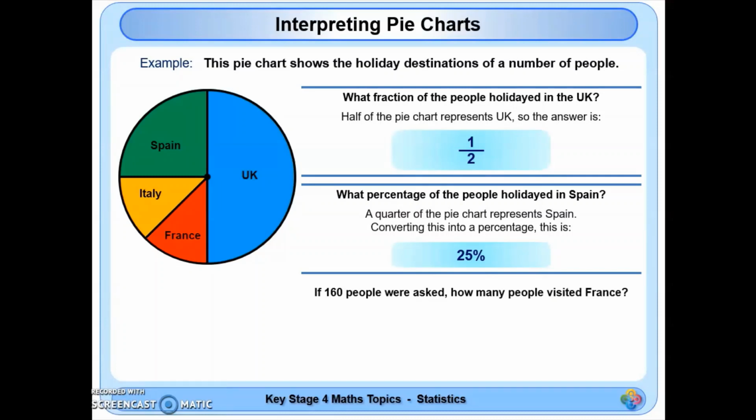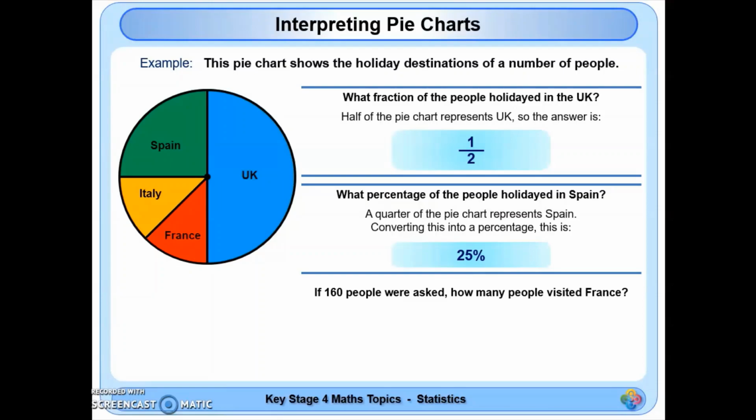Now the question brings numbers into it. If that pie chart represented 160 people, how many people would have visited France? So 160 people are represented in that pie chart. Straight away, I know the UK is responsible for 80 people, because that is half of the amount. Spain is responsible for 40 of those people, because that's 1/4 of the amount.